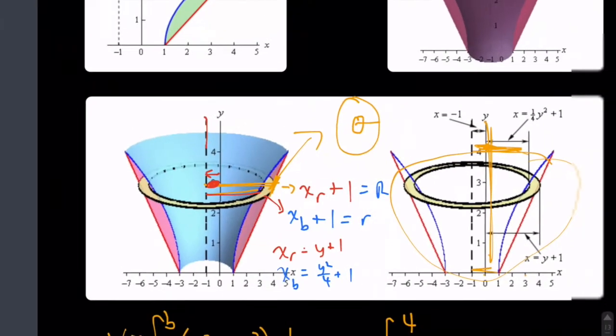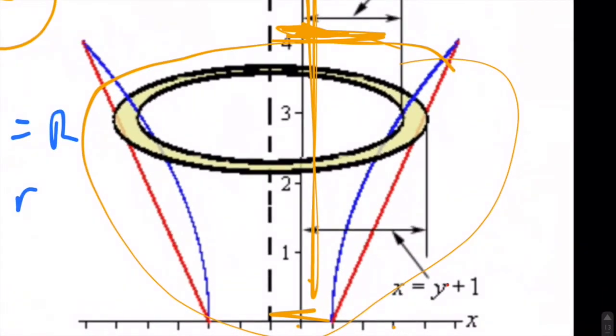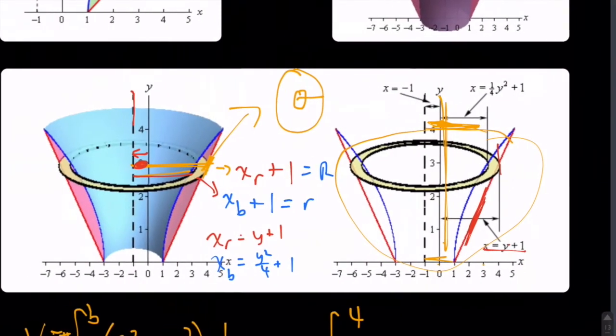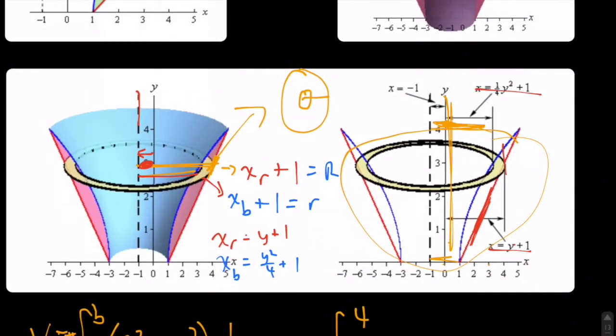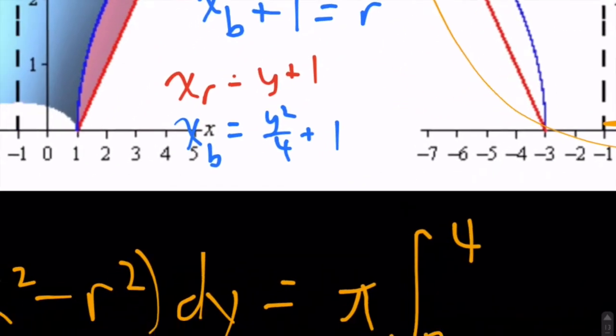And once again, x of r would just be y plus 1. Oh, if you notice, they gave us these formulas right here too. The outer function would be x equals y plus 1, and the inner function would be x equals 1/4 y squared plus 1.